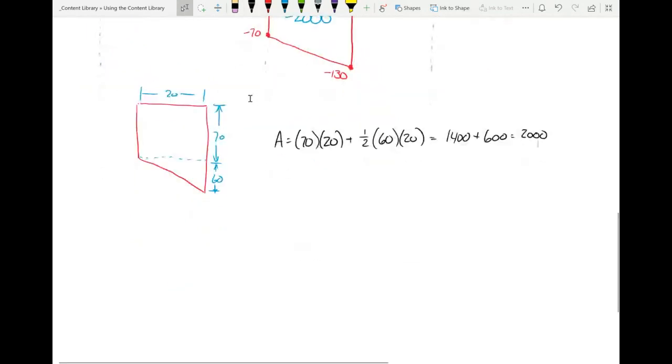Another way to do it is this. What you can do is you can say, I tell you what, I'm going to take this and I'm going to put it right there. And so instead, it's going to look like this.